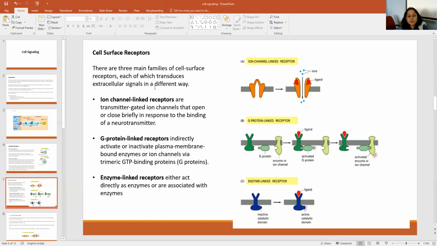Now the other one is G protein linked receptors. Here, G proteins are involved indirectly in the signal transduction process. And the third one is enzyme linked receptors, which either act directly as enzymes or are associated with enzymes.